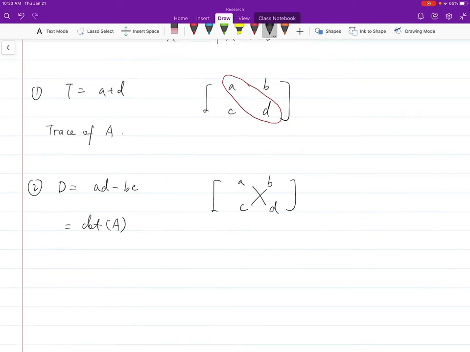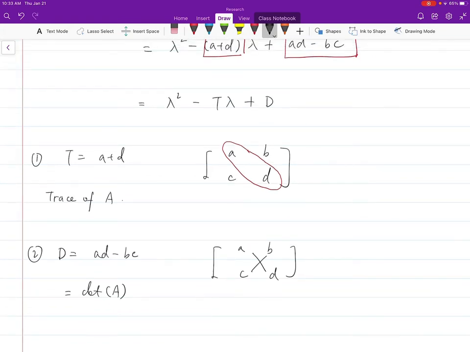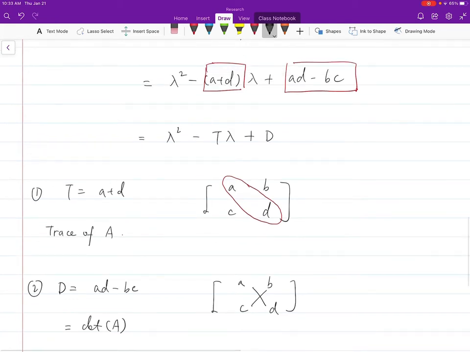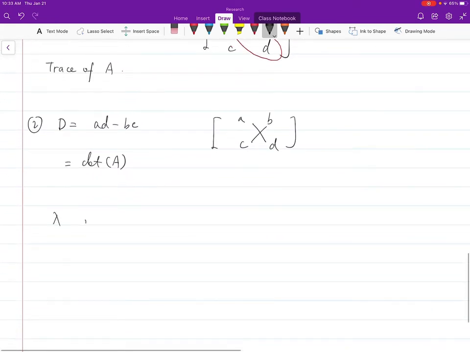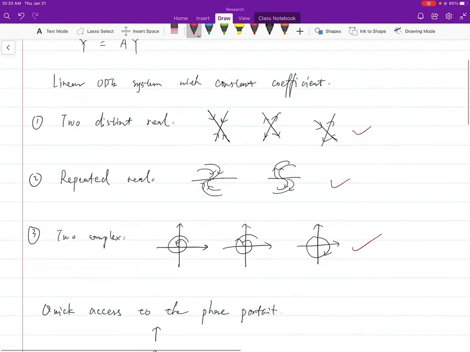So what kind of lambda do you have? It really depends on two numbers. The first number is A plus D, the second number is AD minus BC. Moreover, if we take a closer look, the first number is the trace and the second number is the determinant. So lambda is determined by T and D. That's the original idea: if I have a matrix, I quickly calculate these two numbers, and just by looking at them, I will know which case I have out of all these possible cases.